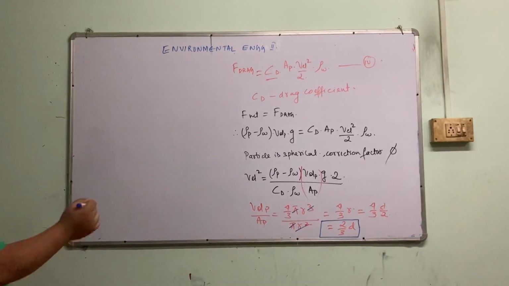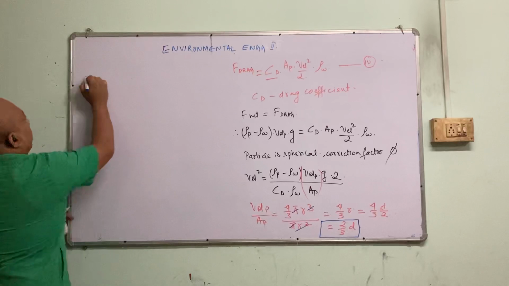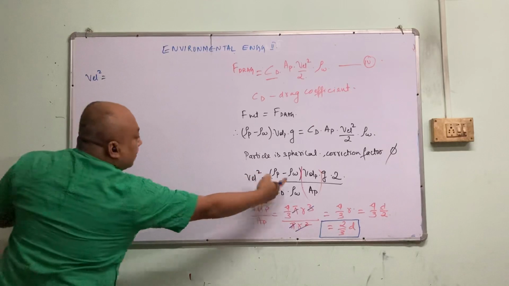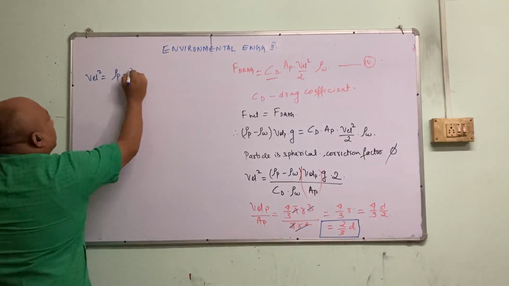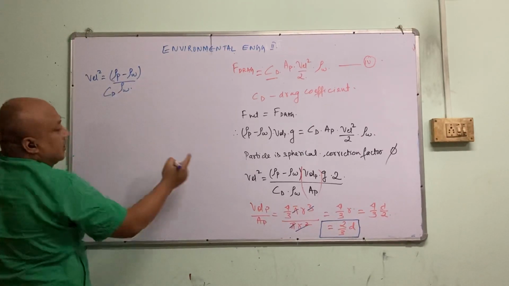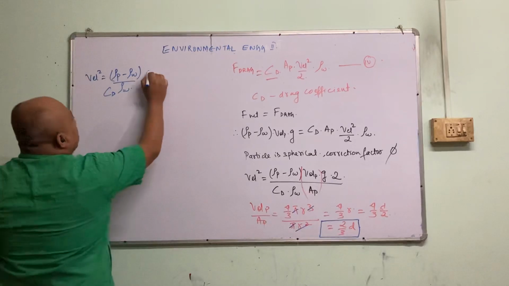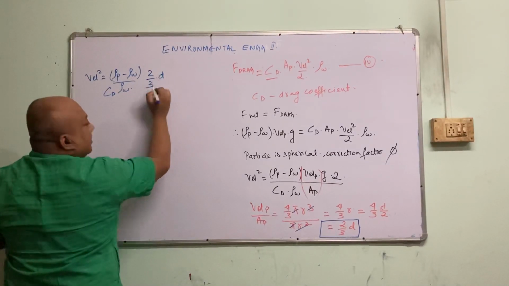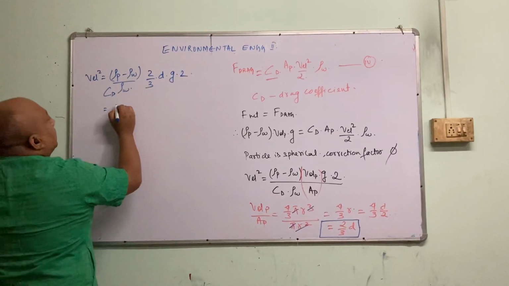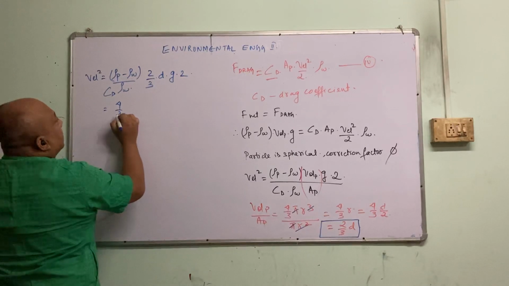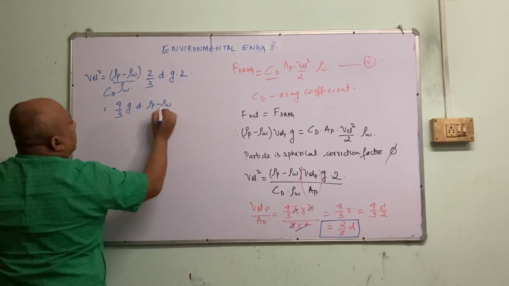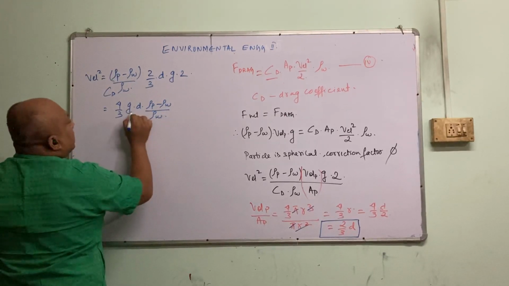Now, in this equation, velocity squared is equal to (rho P minus rho W) by rho W into CD, then 2 by 3 of the diameter into G into 2, which is equal to 4 by 3 G D (rho P minus rho W) by rho W into CD.